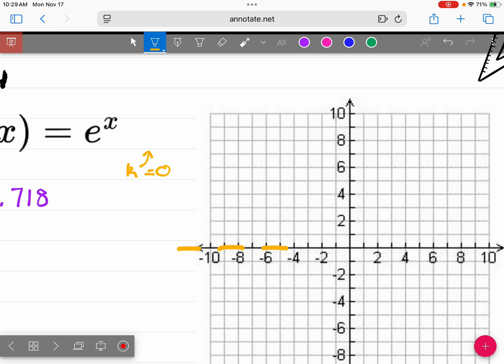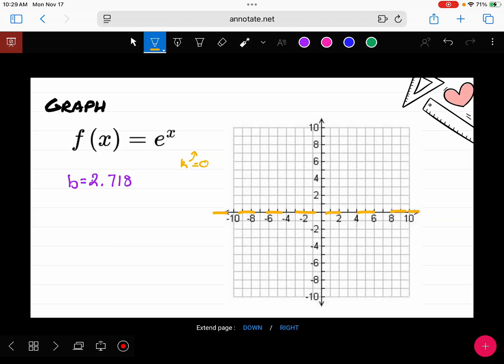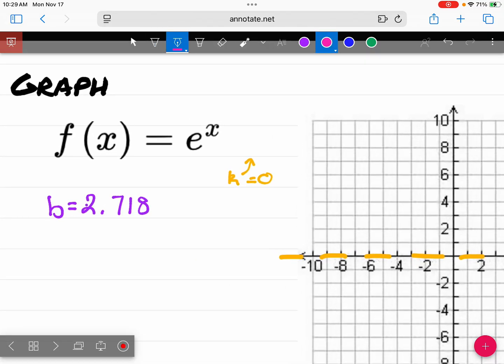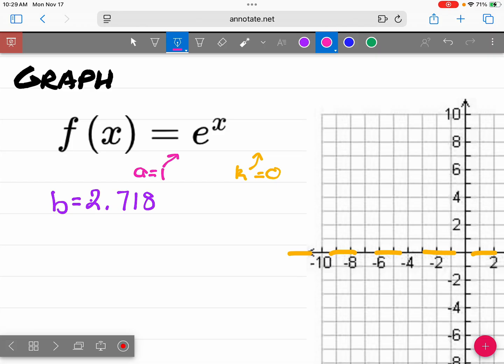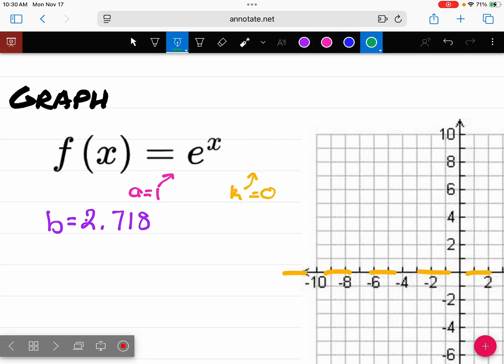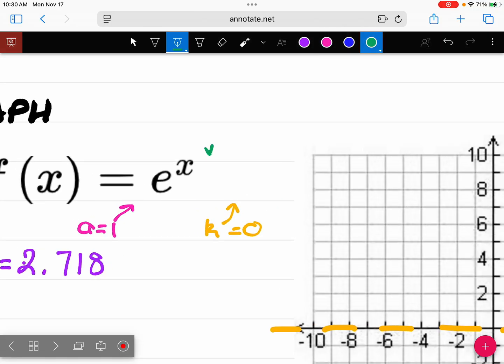If there's nothing added on the end, that's where our asymptote is. Our A is 1, there's no number out in front. And our H, we don't have anything added or subtracted in the exponent, so my H is 0. So I could 100% make the whole table.